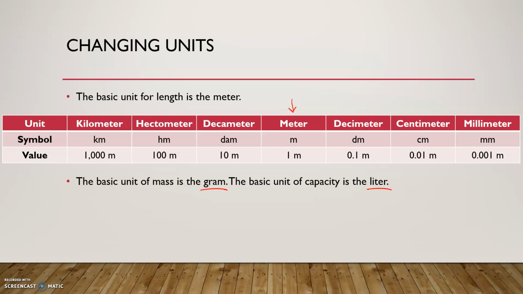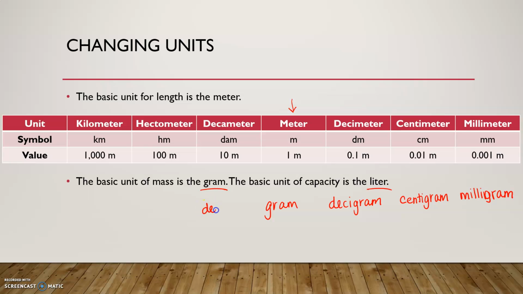You can make this say gram in the middle, and then you would have a decigram, which we don't really talk about, or centigram. Again, things we don't really use, but we do use milligrams. If you've ever had to take a pill, like some medicine, those are measured in milligrams.